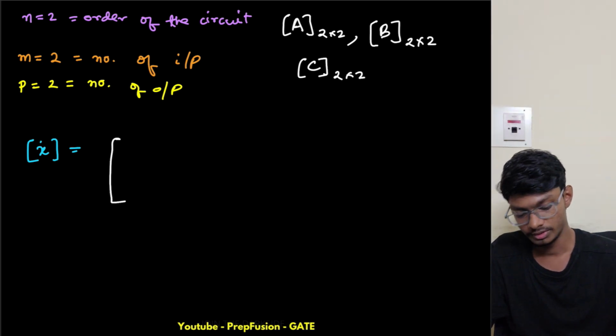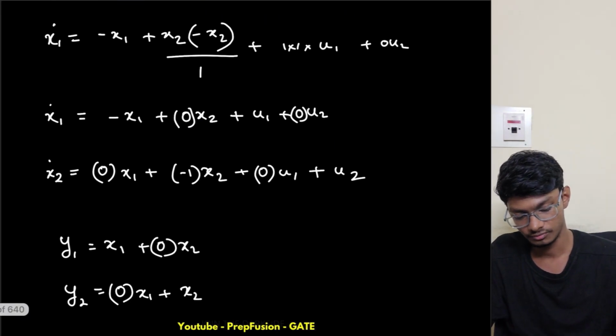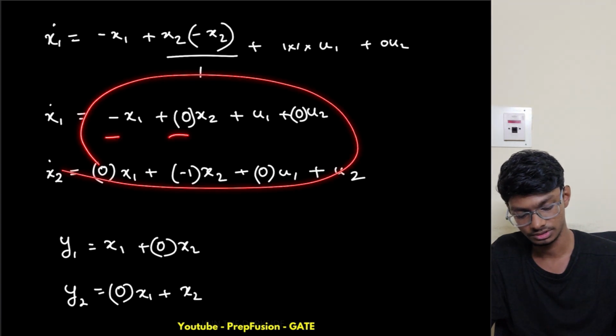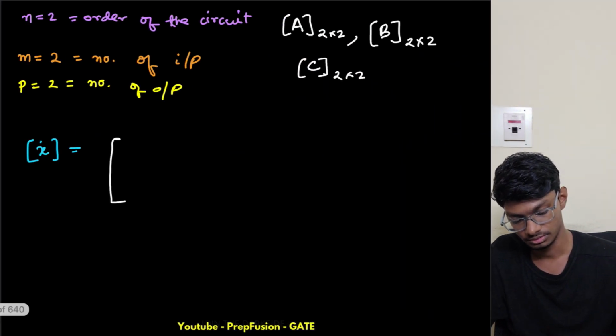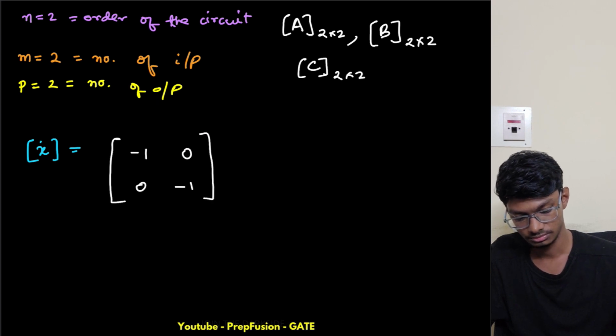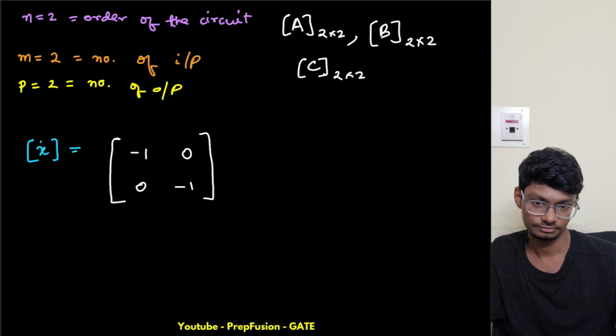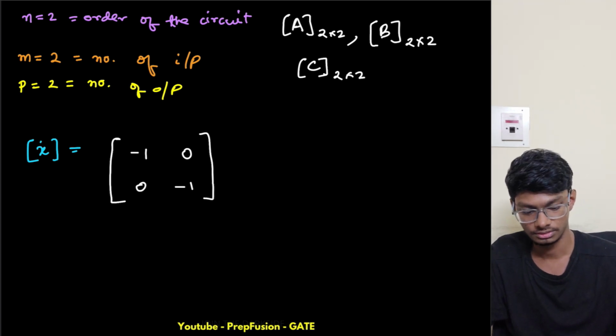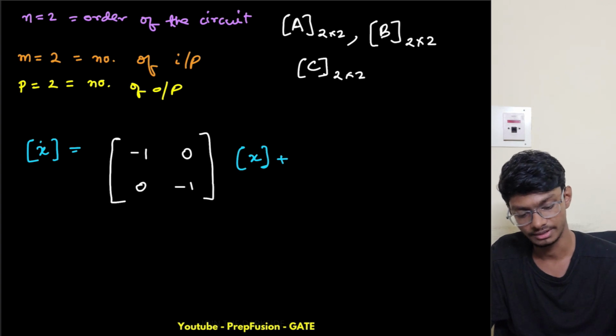So A will be 2 cross 2, and A we have got from here. So it is -1 0 and 0 -1. This is multiplied by x, plus the B matrix. What is the B matrix?